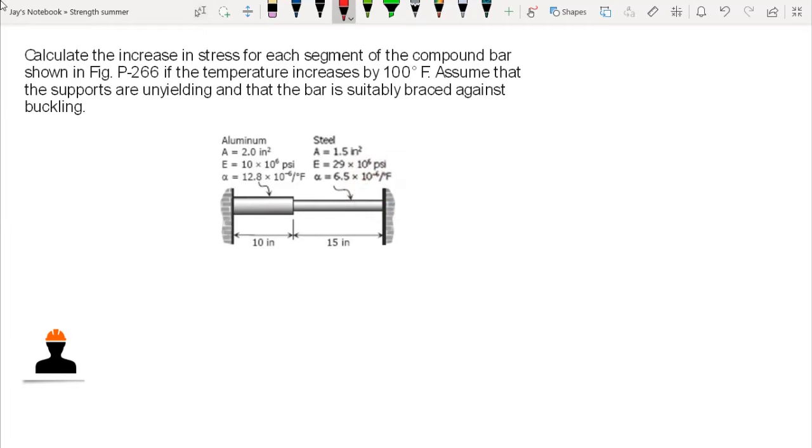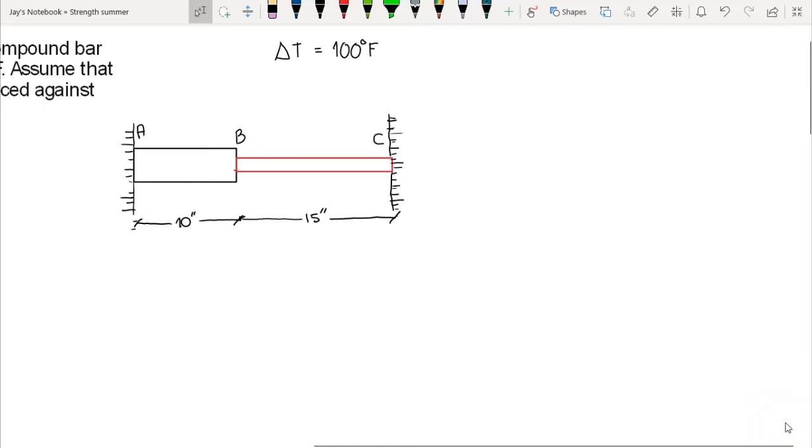Our goal here is to compute the increase in stress for each segment, aluminum and steel, if the temperature increases by 100 degrees Fahrenheit.